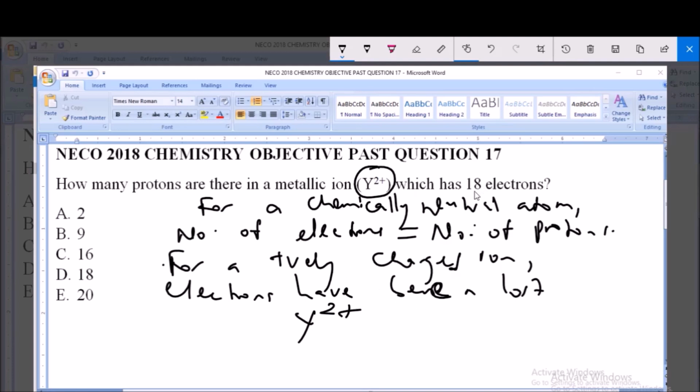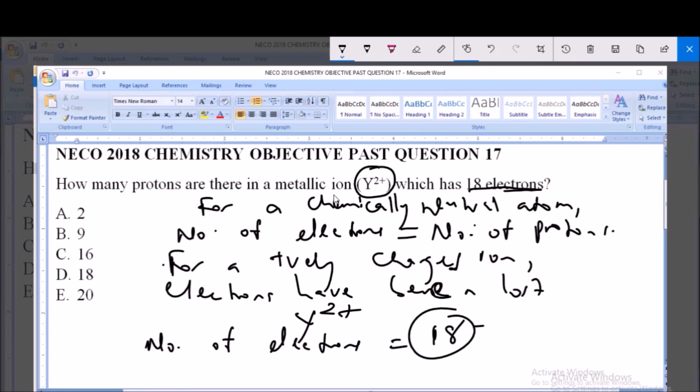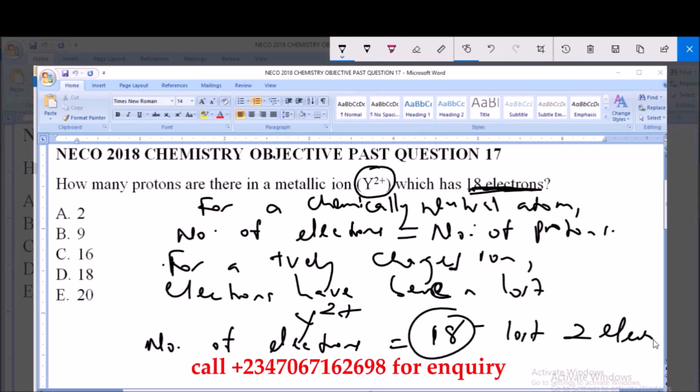Now, the question says there are 18 electrons in this particular metallic ion. So the number of electrons is equal to 18. And we've established the fact that if the ion has 18 electrons, that means it has lost 2 electrons.